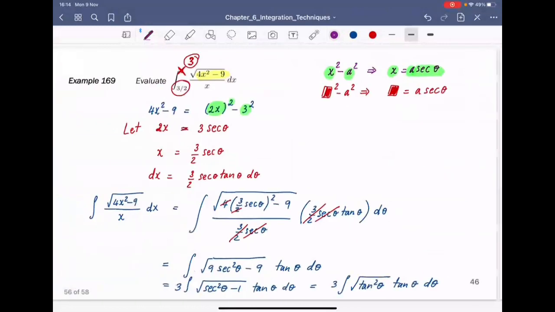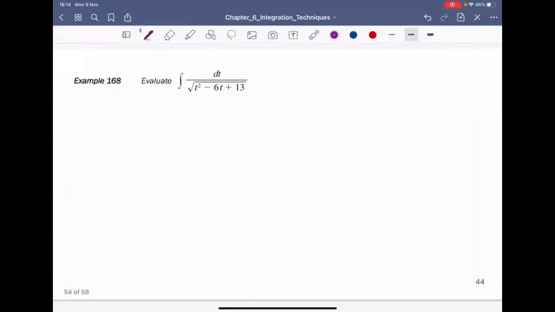Also the example that I skipped here, I'm going to show you the solution in the practice problems clip. This one I'm not going to show you in class, so let's watch the practice problem after class.